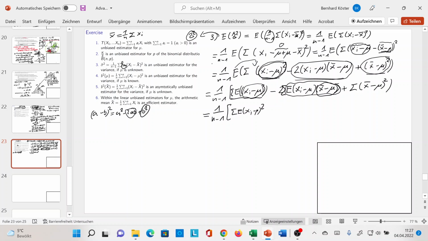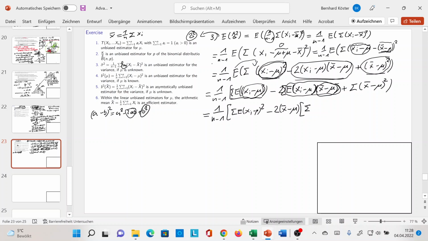Again, this we can take out, and then we obtain 2 times x bar minus mu times, and now we can split again, because here again you have just a difference.